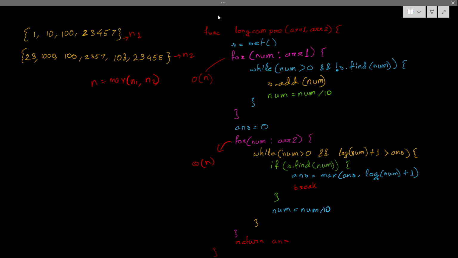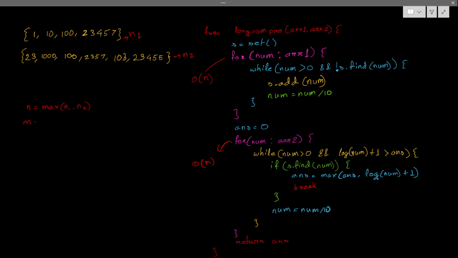This loop will run the number of times equal to the length of the number. The length of the number is log of num plus 1, and plus 1 is an integer, so it is big O of log of num, where num is the maximum number. So let's write it down here as well. n is the maximum of n1, the length of the first array, and n2, the length of the second array.